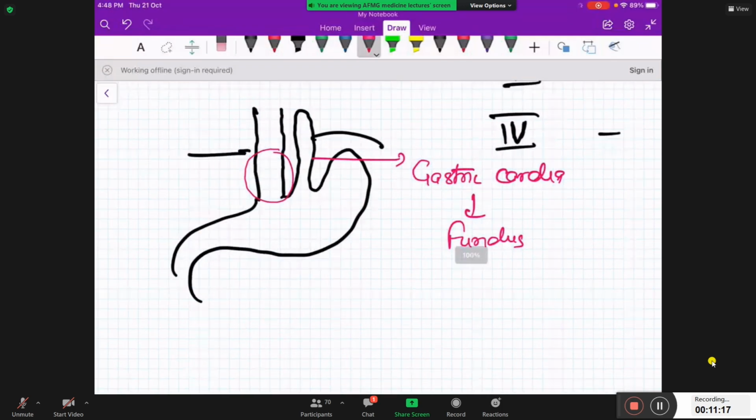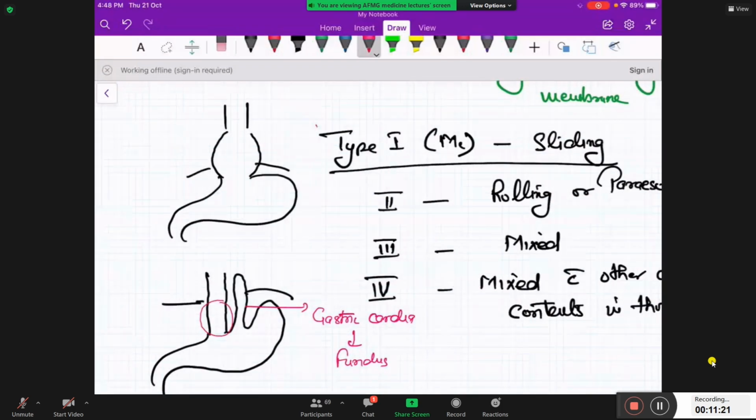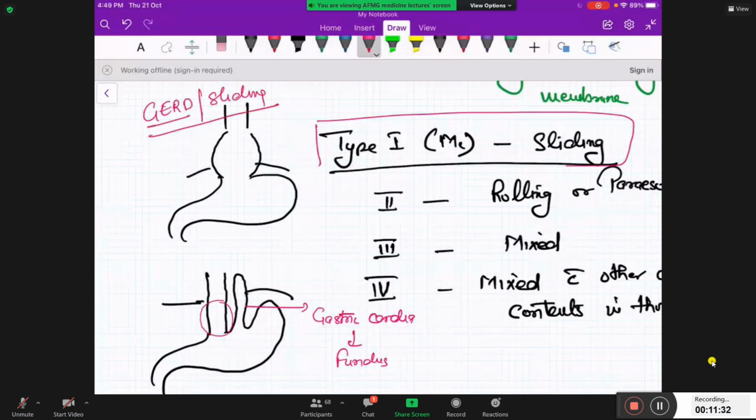Now, in case of sliding type of hiatus hernia, very important point: sliding type of hiatus hernia and GERD. Please remember this. Both these conditions have a similar presentation and a similar management.